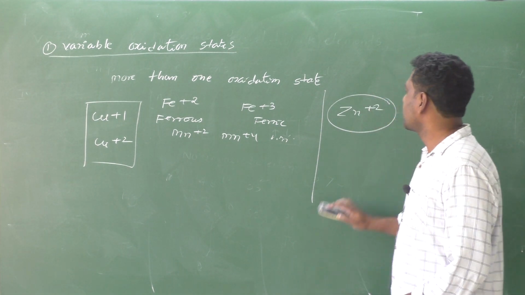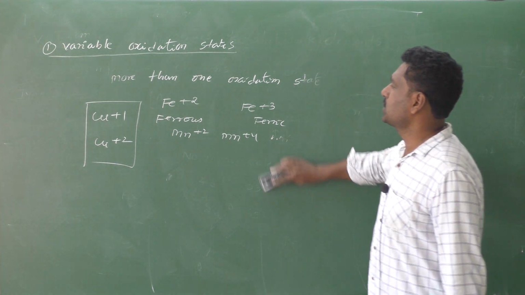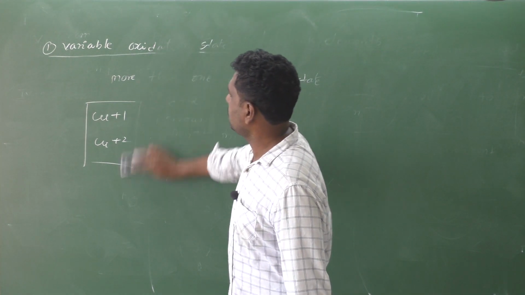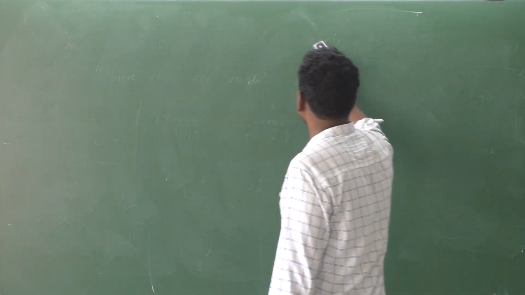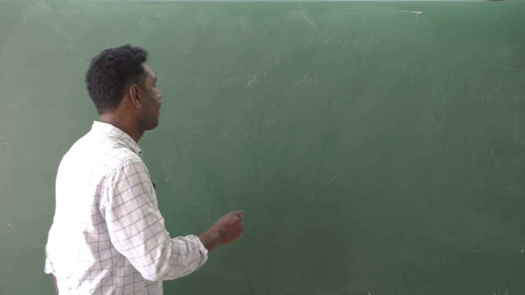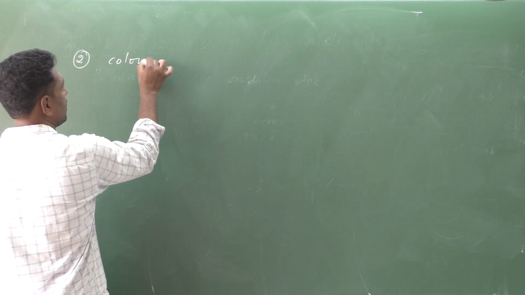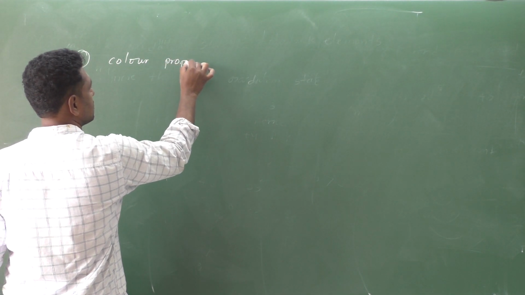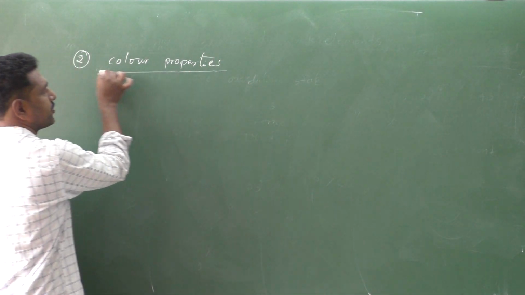After that, the second transition property is color properties.